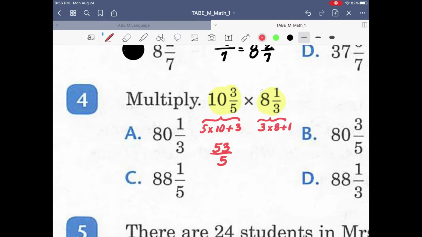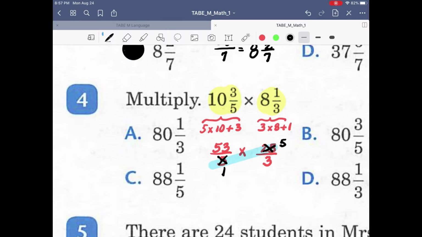Add 1 is 25, and you keep the 3 as your denominator. And you are multiplying here. So there is cancellation one direction right there. 5 into itself is 5. 5 into 25 is the 5.